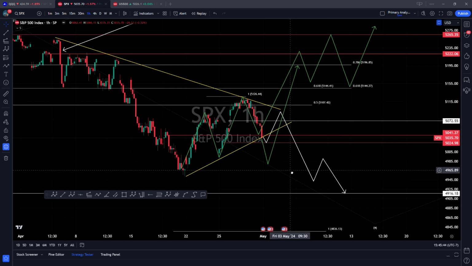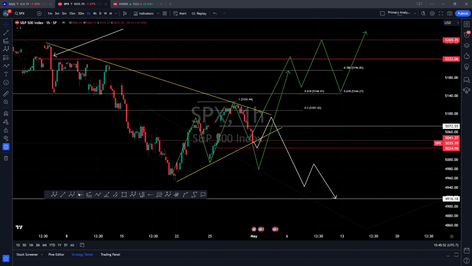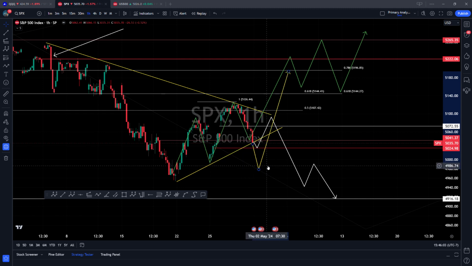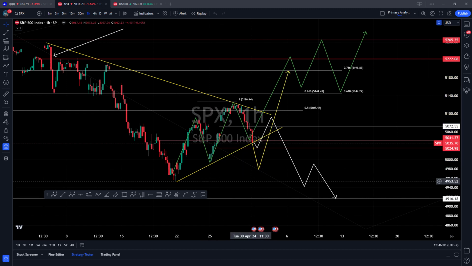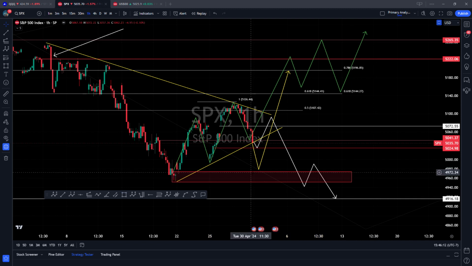That would catch everyone off guard, trap the bears here, and then throw it back up again. Now from the count perspective, just see how this differs. Let me first color this differently, as yellow, right? And this is our double bottom scenario, which is coming right from somewhere in this demand zone.